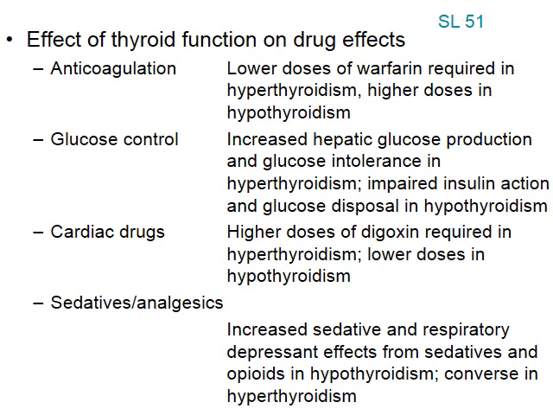In terms of certain cardiac drugs, higher doses of digoxin are needed in hyperthyroidism, while lower doses of digoxin are needed in hypothyroidism. In terms of sedatives and certain analgesics, there are increased sedative and respiratory depressant effects from sedatives and opioids in hypothyroidism, and the converse in hyperthyroidism.